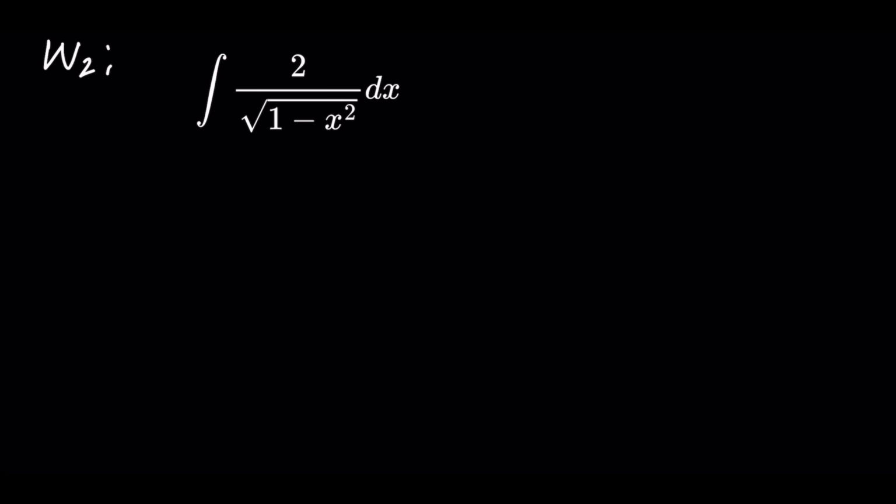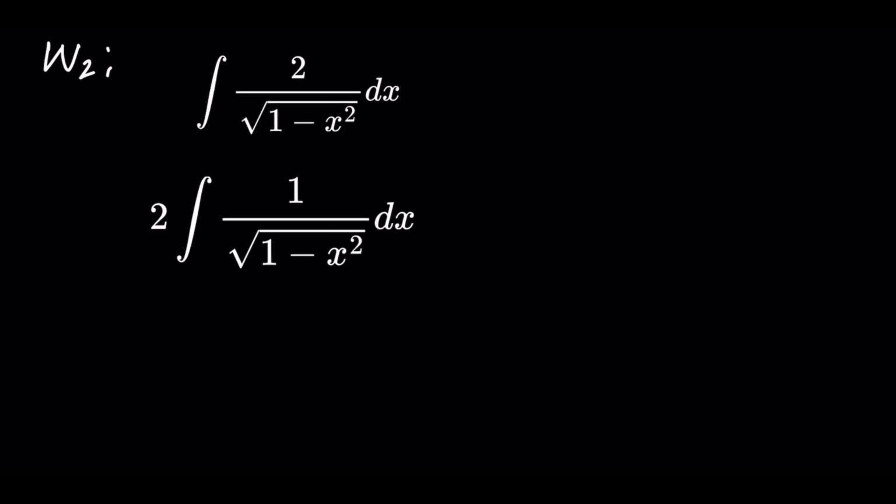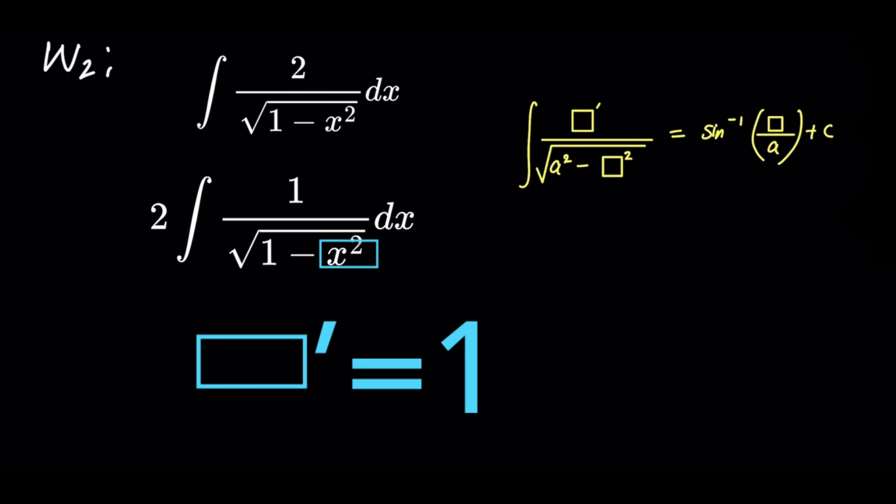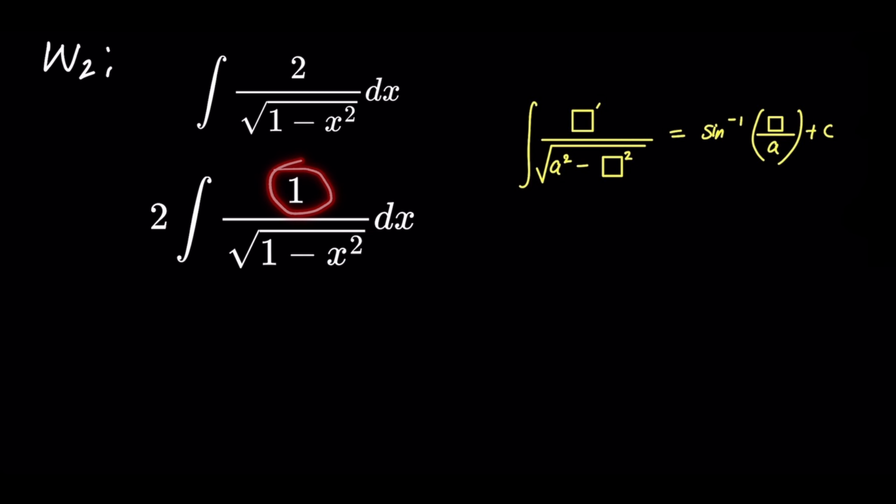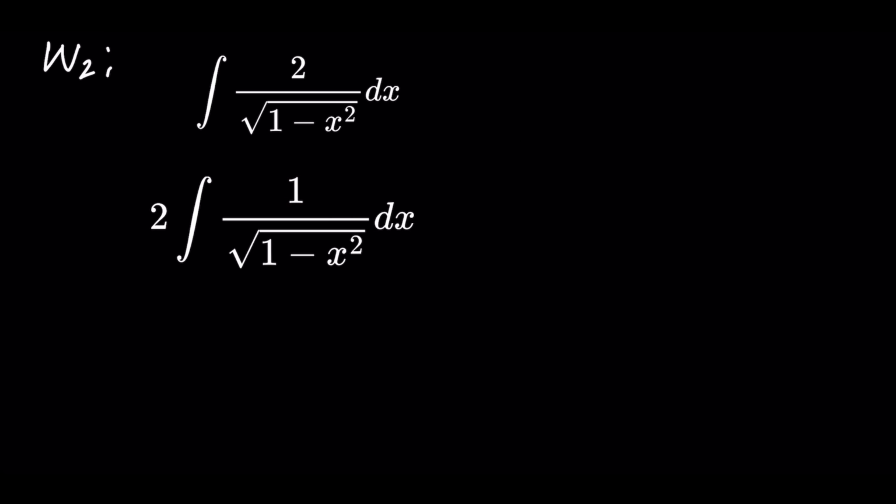To handle this again, we will first factor out 2 from the integral, hence we are going to be left with this expression. If you recall, it matches the standard form of the sine inverse integration formula. So you can see that the numerator has 1, hence we can apply the sine inverse integration formula directly.